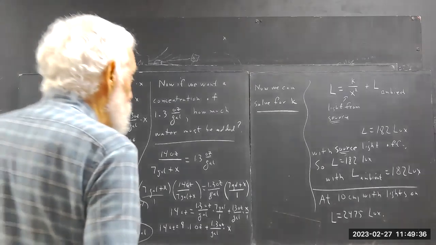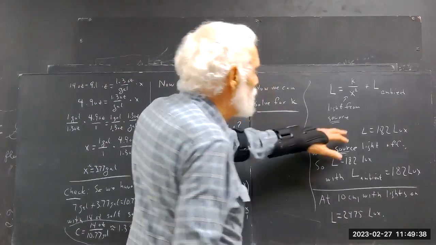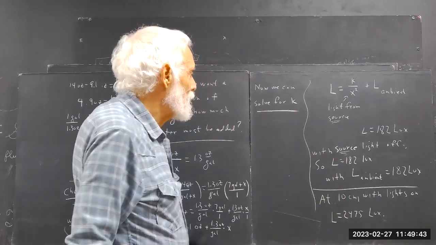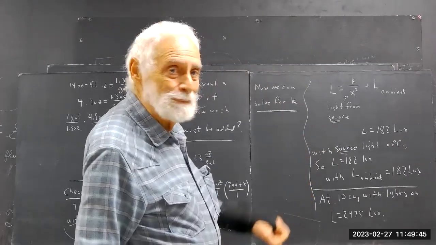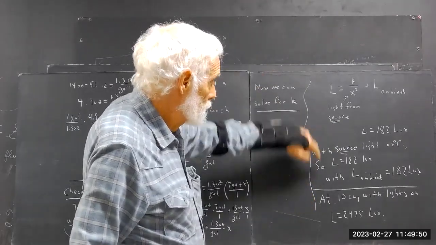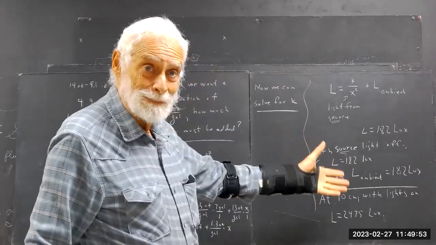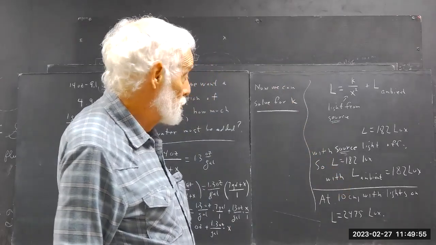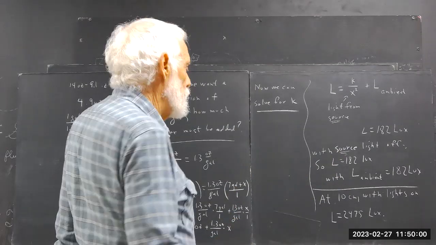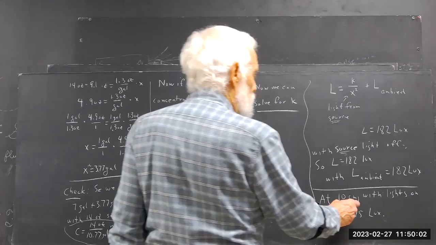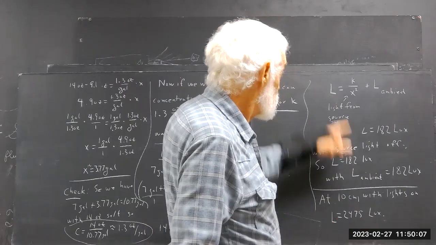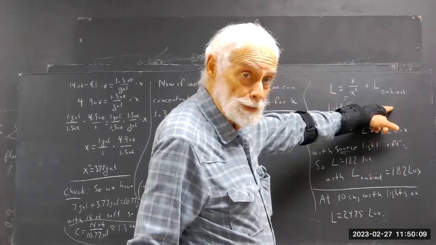Okay, so finally get the information right. I do apologize for reading my screen wrong. Okay, it's not my screen's fault. There's the information. It wasn't making sense the way I had it originally. So now we can solve for K, because we can plug in 10 centimeters for X and 2475 lux for L, and we know what the ambient is also.